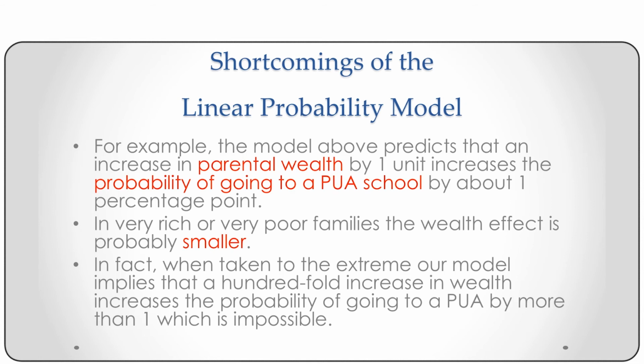So say we persist with the linear probability model for the school choice data. It would say, for example, that an increase in the wealth of a family by 10 units increases the chances of a child going to a private school.